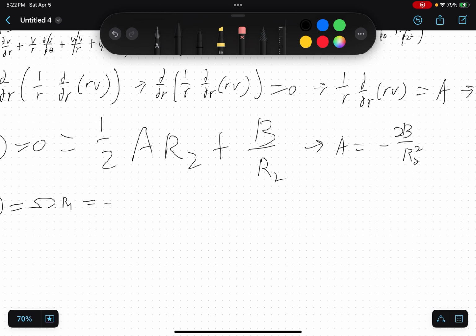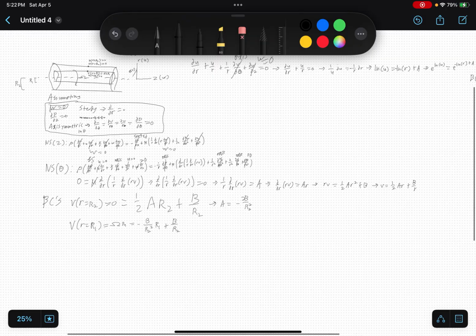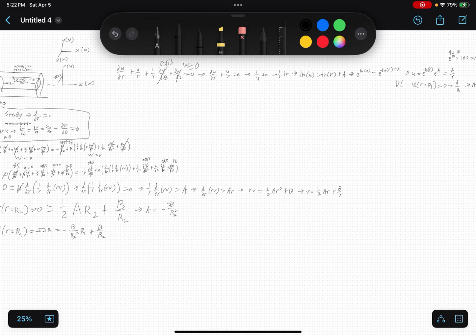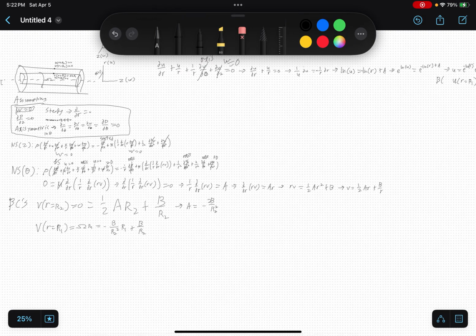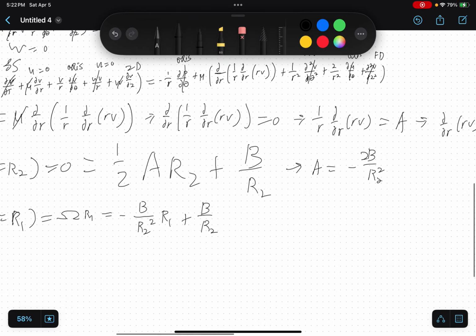So we have negative b over R2 squared times R1 plus b over R1.